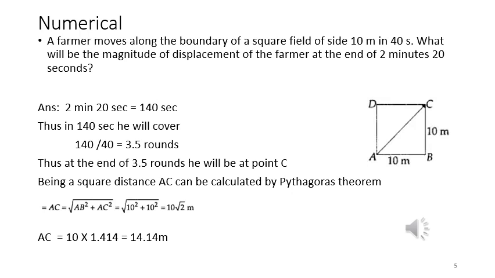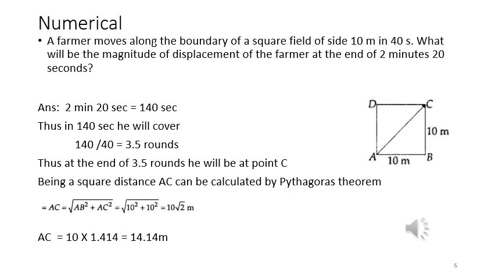Let's convert it into seconds. That will be 140 seconds, which means he was moving along the boundary of that square field for 140 seconds. If every side takes 40 seconds, in 140 seconds he will cover 3.5 sides. So if you start from A and cover 3.5 sides, he would reach point C.